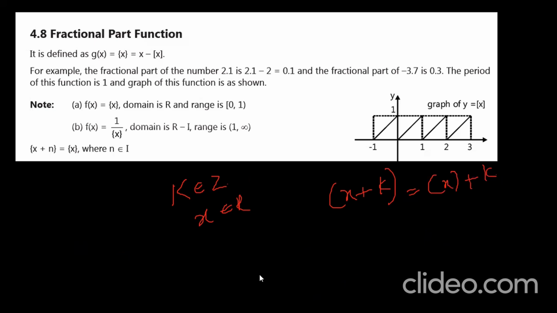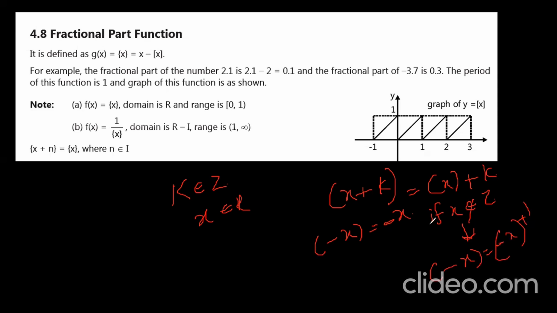Similarly, for k belongs to Z, the least integer of minus x is equal to minus the least integer of x if x does not belong to Z. If x does not belong to Z, then the least integer of minus x is equal to minus x plus 1. This is the least integer function, and that is the greatest integer function.